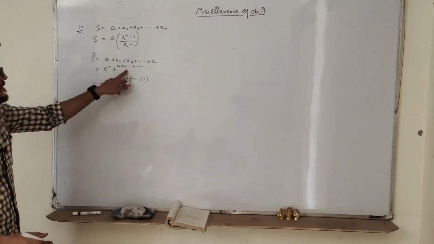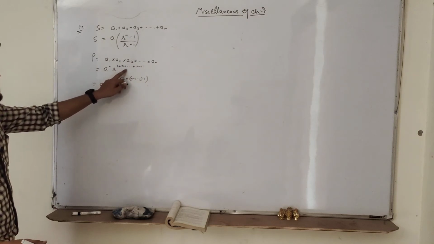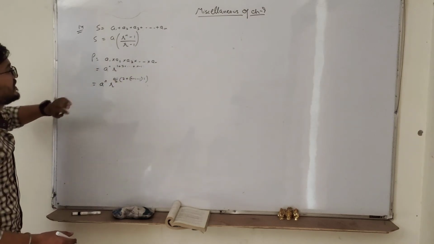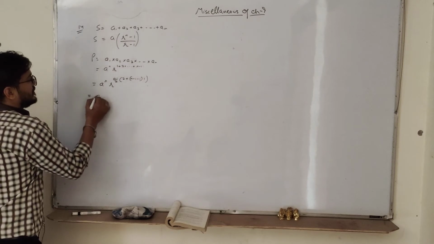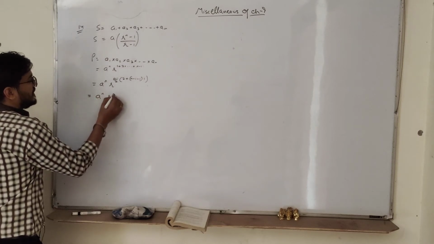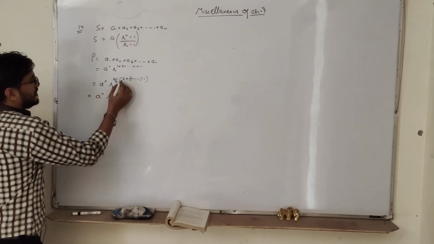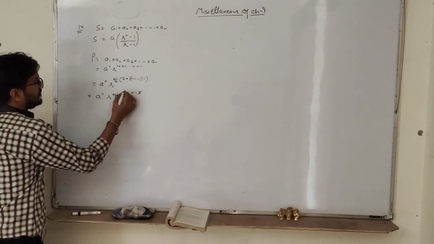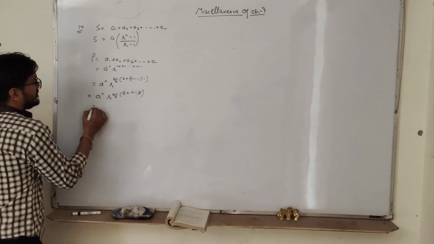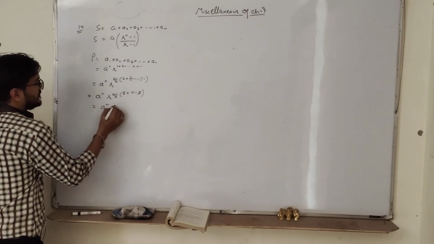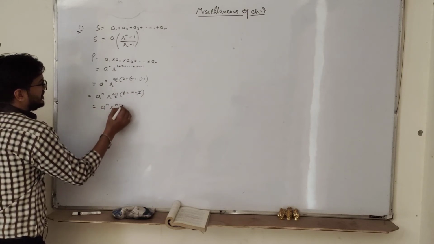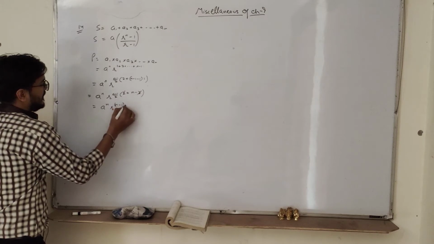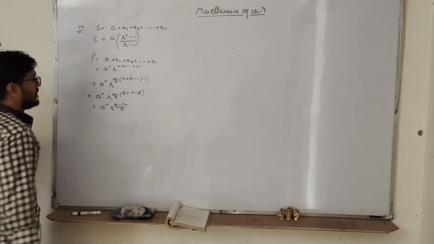This is an AP, so the AP sum is n by 2 times 2a plus n minus 1 d, right? So a raised to n, r raised to n minus 1 upon 2, 2 plus n minus 2, 2 to 2 cancel, right? So a to the n, r raised to n minus 1 bracket n upon 2. Simple.